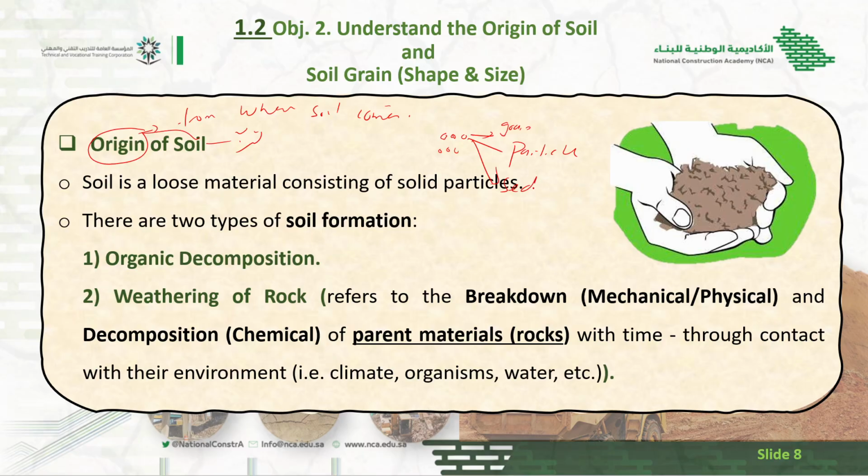It is also called a particle, and sometimes a sediment, or a single element. Whenever you hear these words, you should know they mean the individual single particle or single element of the soil. So soil is a loose material consisting of solid particles. There are two types of soils: organic decomposition and weathering of rocks.